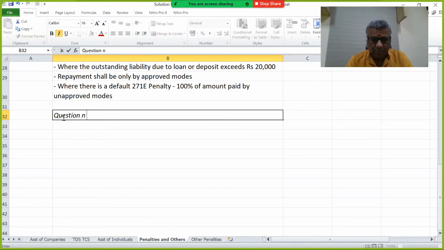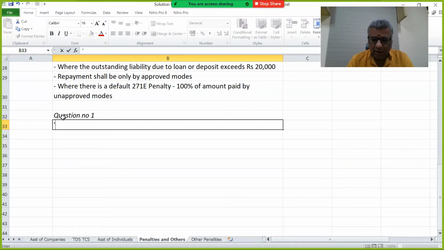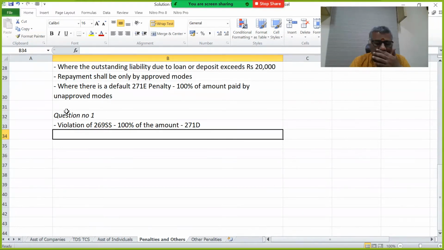Question number 1. Violation of 269SS, 100% of the amount will be the penalty under 271D.